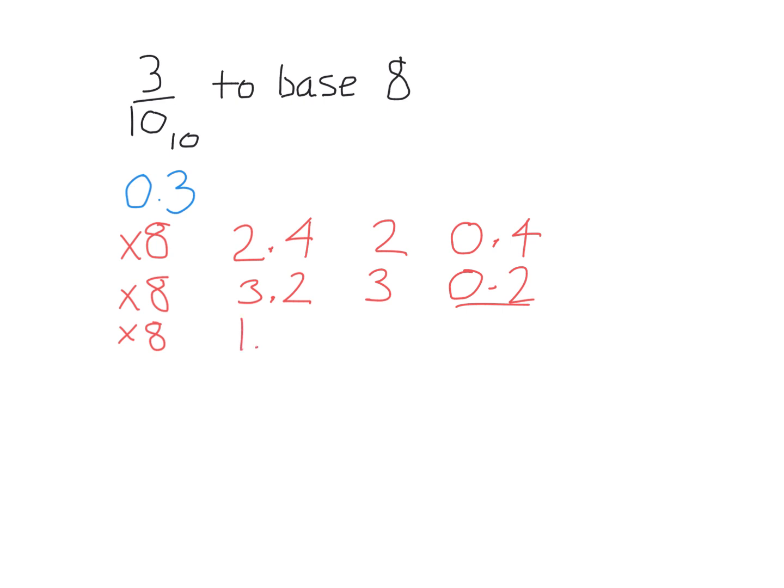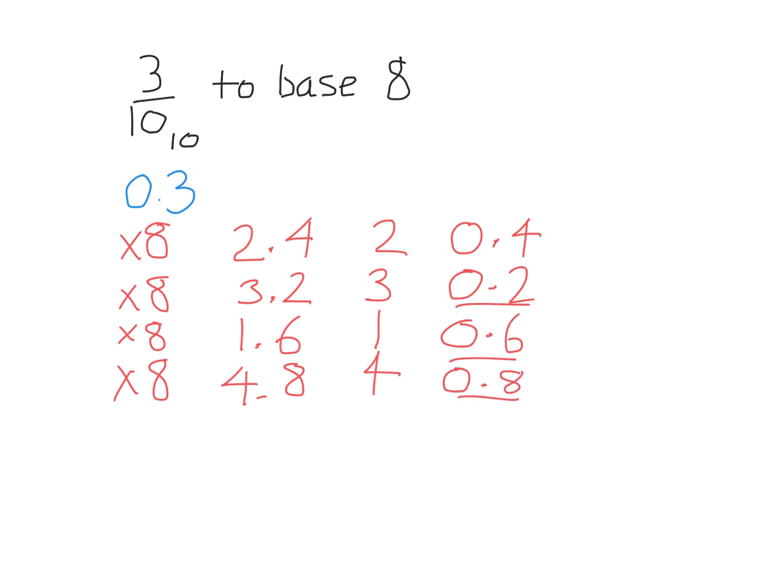So I get 1.6, take away the integer part, and what's left over, 0.6, I times that by 8 in the next iteration. So 0.6 times 8 is 4.8. Take away the 4, I'm left with 0.8.